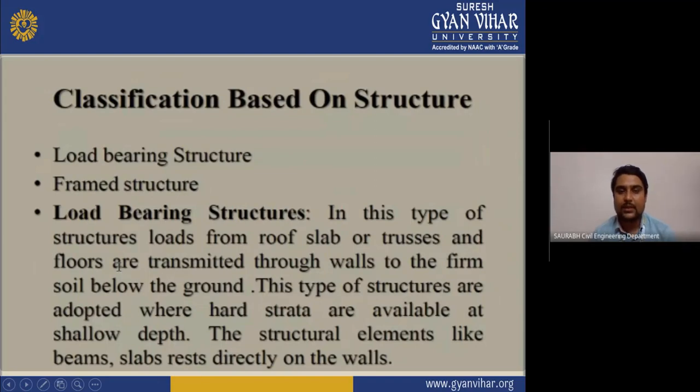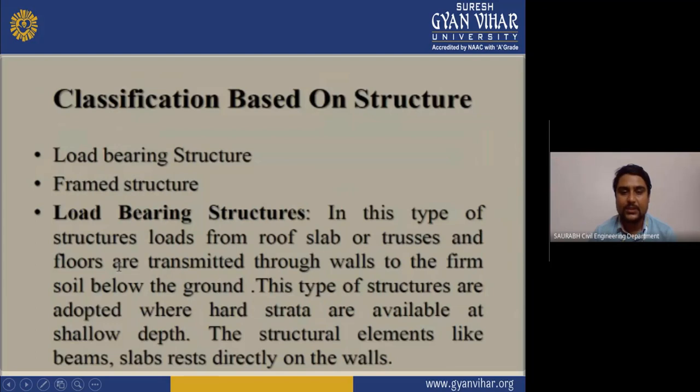Now we will see classification based on the structure. Buildings are classified also as load bearing structure and framed structure. What is the load bearing structure? This is a type of structure where loads from roof slab or truss floor are transmitted through the wall to the firm soil below the ground.